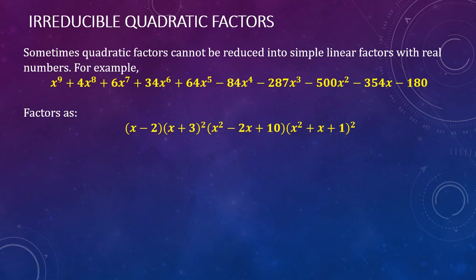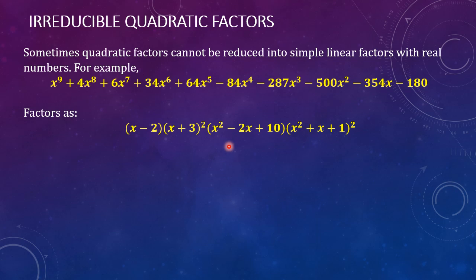For example, the polynomial x to the 9th plus 4x to the 8th plus 6x to the 7th plus 34x to the 6th plus 64x to the 5th minus 84x to the 4th minus 287x cubed minus 500x squared minus 354x minus 180 factors as the quantity of x minus 2 times the quantity of x plus 3 squared times the quantity of x squared minus 2x plus 10 times the quantity of x squared plus x plus 1 squared.